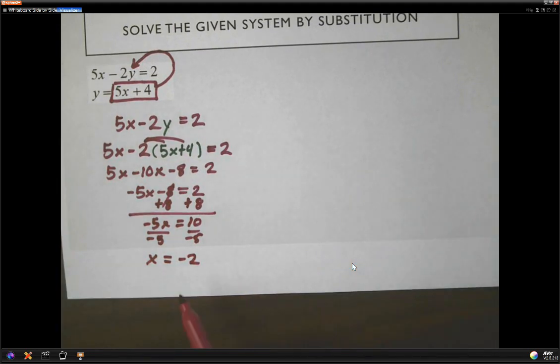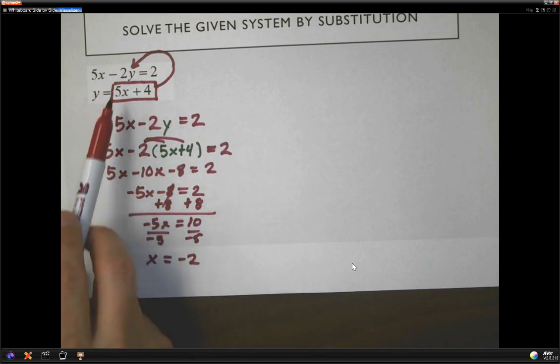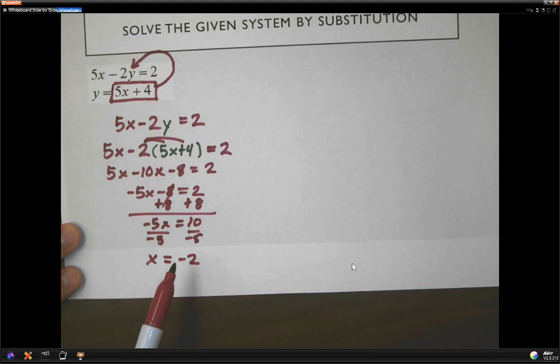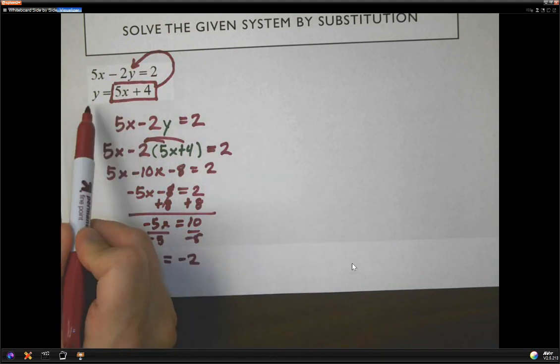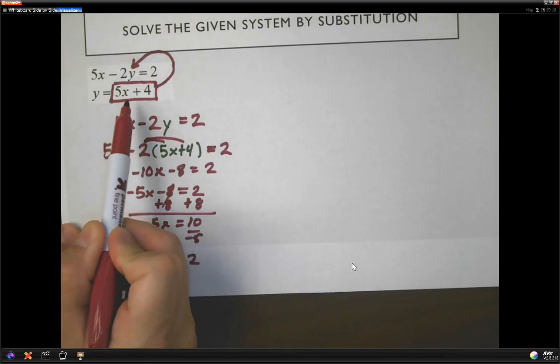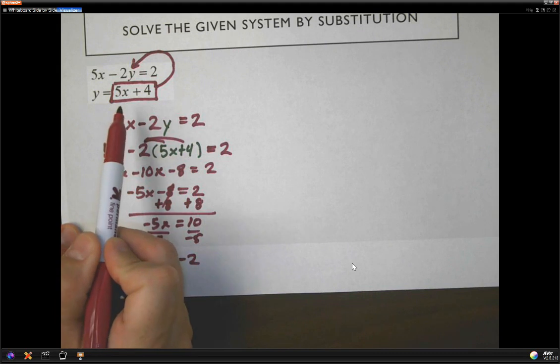Now again, we're not fully done. We only have the x value of our solution. We need to find the y value as well. So what I'm going to do is I'm going to go back to either of the equations and use that to plug in what value I just got. Now, I do notice that this one's already solved for y, so that might be the easier one to use.